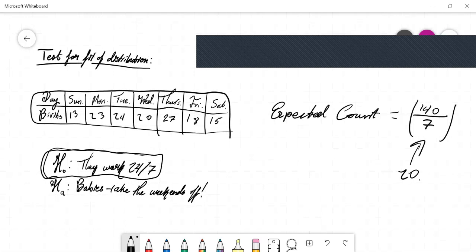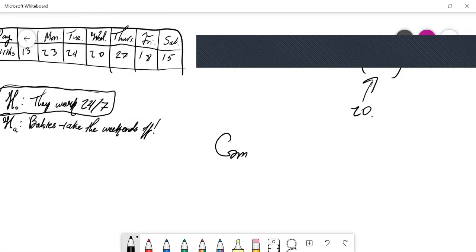So we want to compute the chi-squared statistic. So this is, again, observed minus expected over expected, right? So you have 13 minus 20 over 20. And essentially, because they're all going to be over the same expected count, I'm just not going to write that. I'm just going to write it like this: 1 over 20.